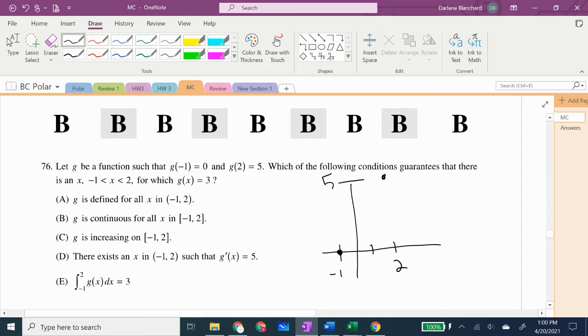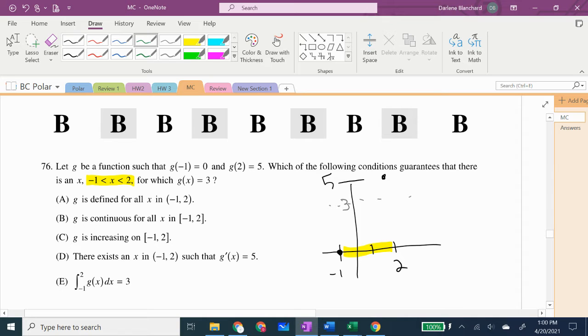And it's asking between x equals 1 and 2, what information do I need to guarantee that somewhere between those x values, we have to have a y value for that g function at 3? What's going to guarantee that that happens?